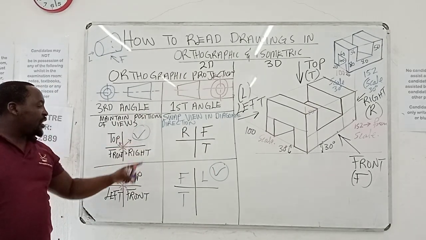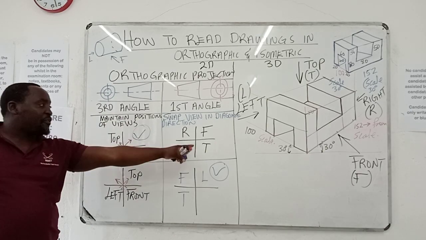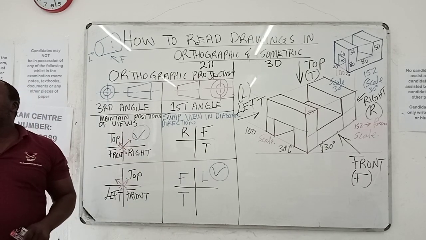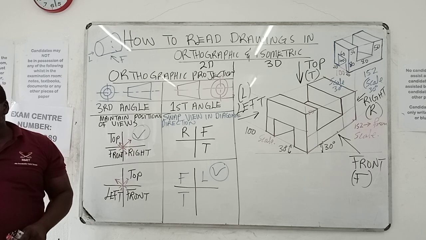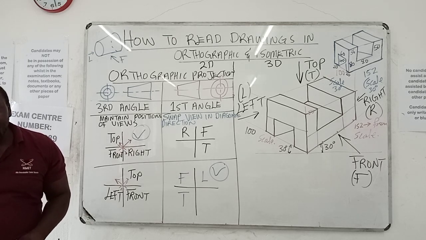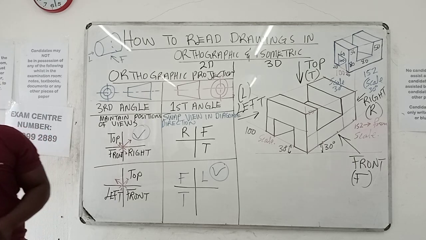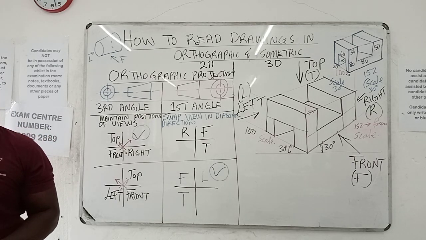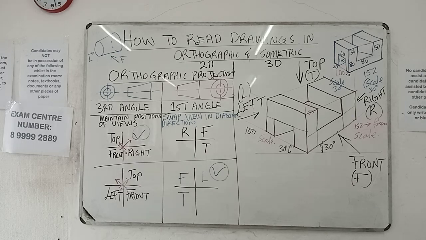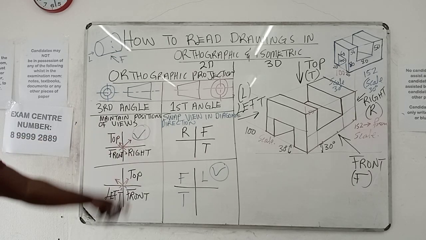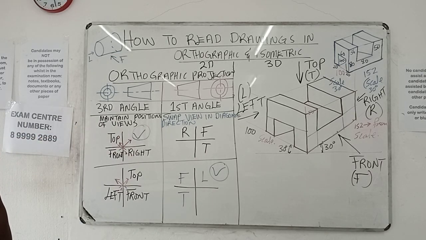This one of left, the drawing on the left-hand side of the front is not considered in South Africa. But does it mean at international level it's not? No. And now there are some drawings that come to South Africa where you find that they're coming from countries where they don't consider only two types. So our students used to get confused. That's why we make sure we explain everything to you.